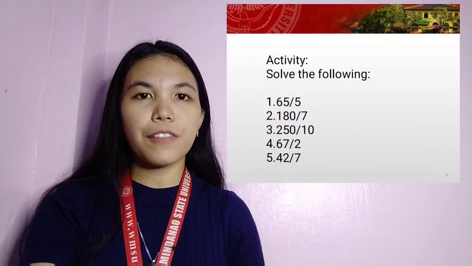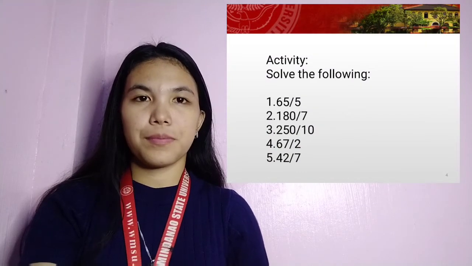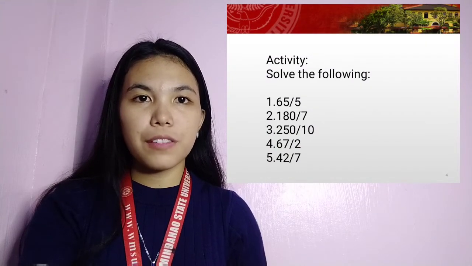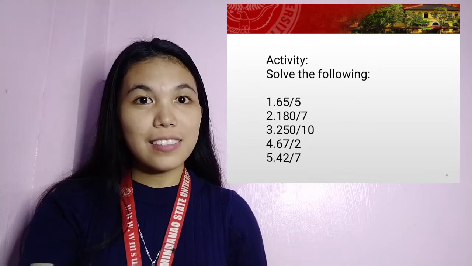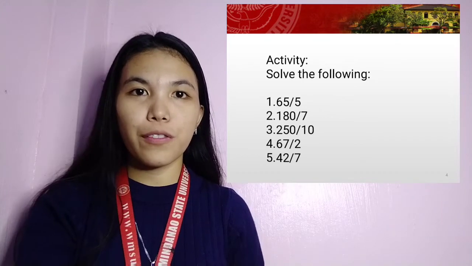So, ready? Okay, so let's start. For each number, solve the following. Number 1, 65 divided by 5. Okay, group 1 got the answer first.